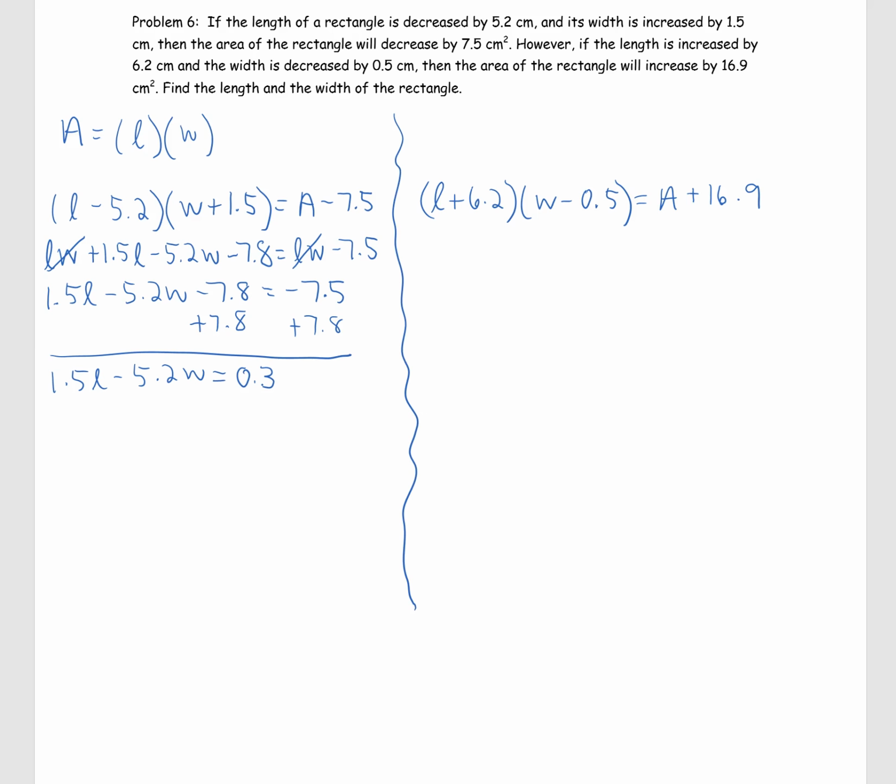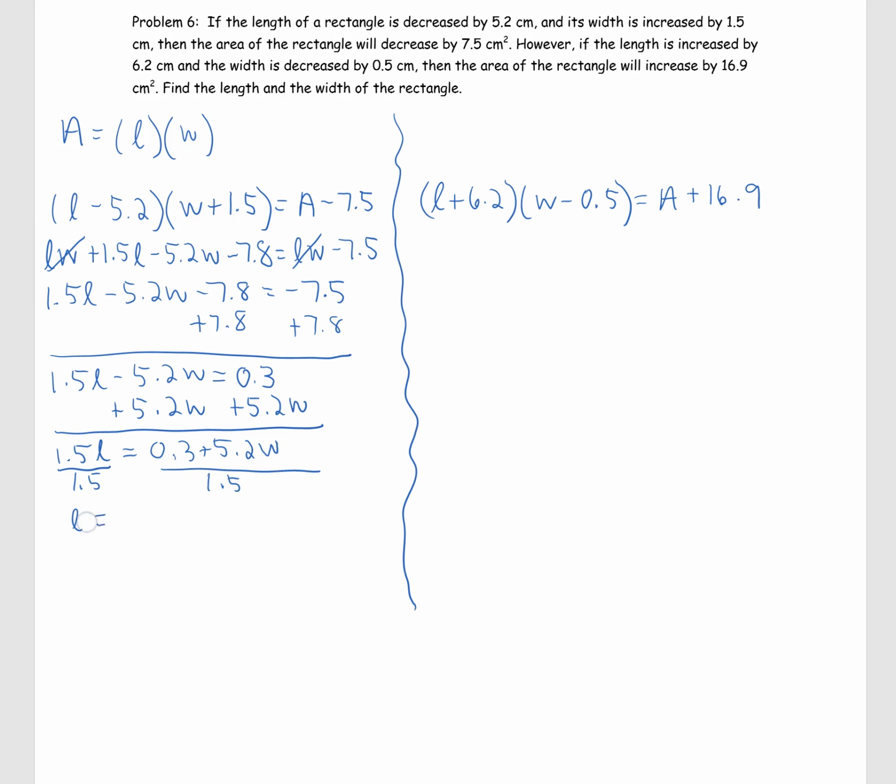And so what I want to do now is get one of my variables in terms of the other. I'm going to do this by adding my W term onto the other side. You can do this the other way around and solve for W too. Either way will work. It's the same process. So this gives me 1.5 L equals 0.3 plus 5.2 W. And now I'm going to divide by 1.5 on both sides of my equation.